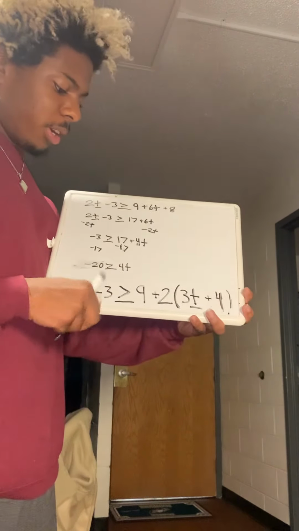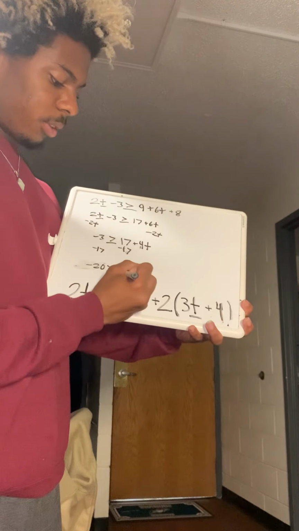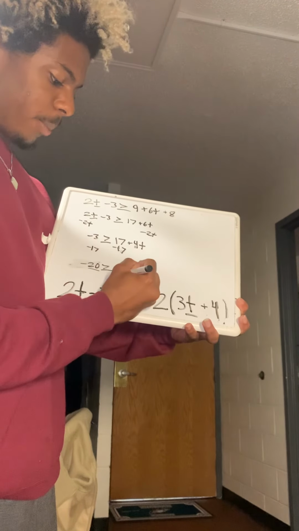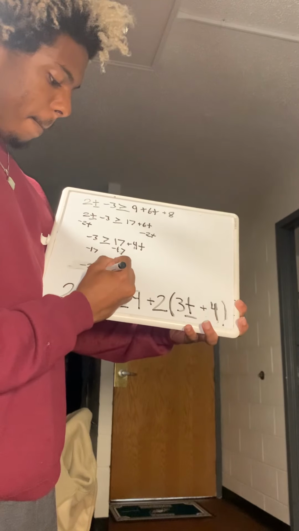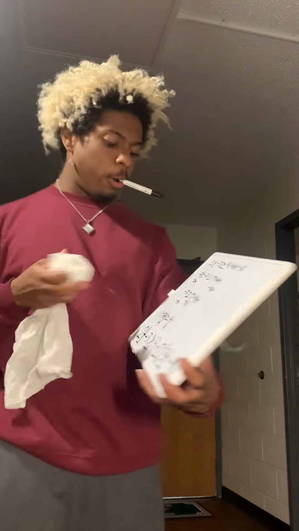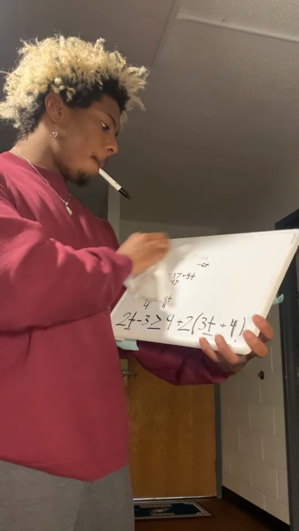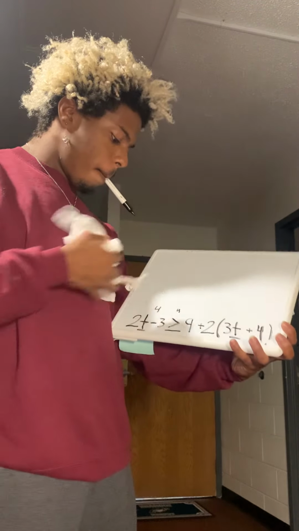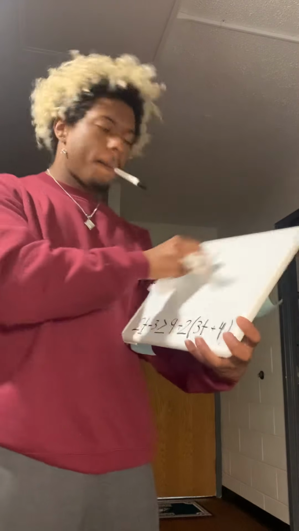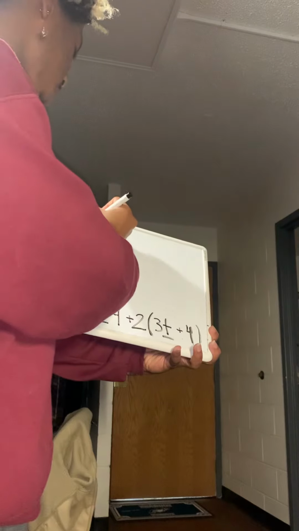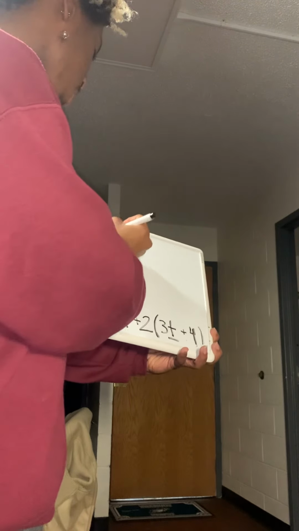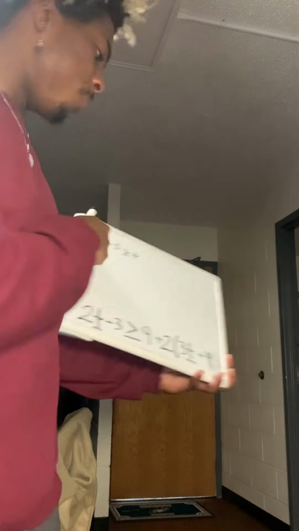The next part is dividing the 4 from the negative 20 so that the unknown is fully alone. We would end up with negative 5 is greater than or equal to t.